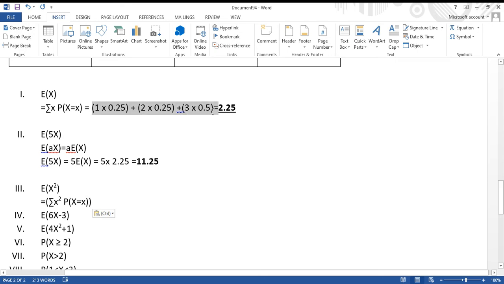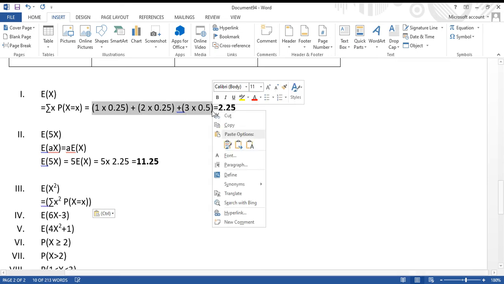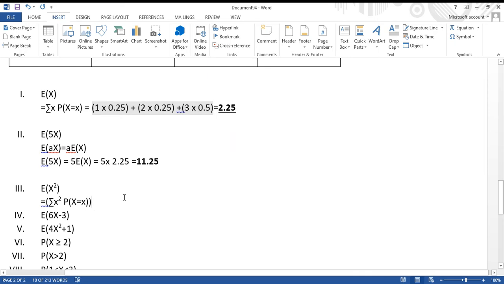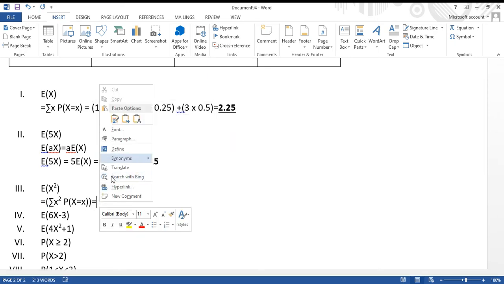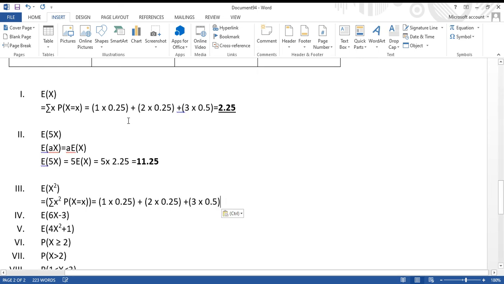So it's going to be 1 squared times 0.25, 2 squared times 0.25, and 3 squared times 0.5.